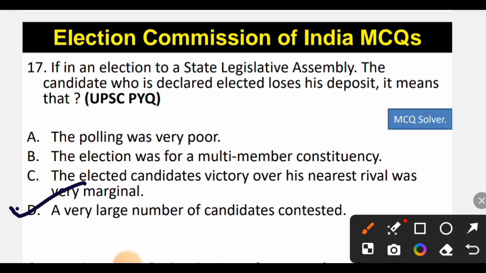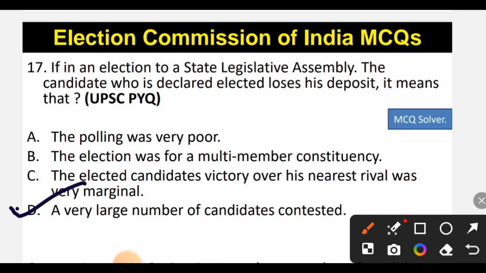In a state legislative assembly, as you all know, before contesting the election, one needs to deposit certain amounts with the Election Commission of India, and if they are not able to get 1/6 of the votes, the deposits are not returned to the candidates.